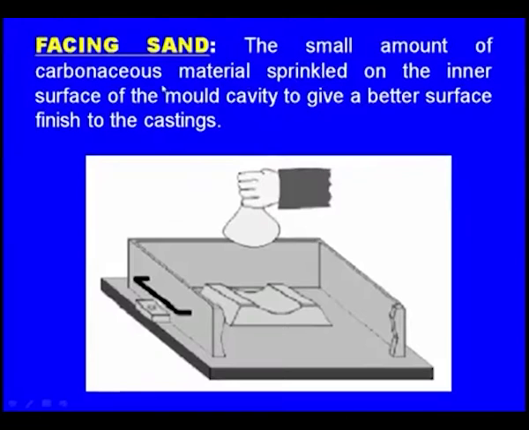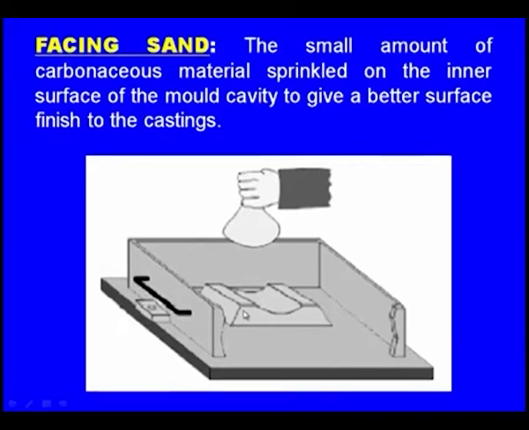Next, let us see the facing sand. It is the small amount of carbonaceous material sprinkled on the inner surface of the mould cavity to give a better surface to the castings. Suppose this is the moulding box and this is the pattern, and over this pattern and around this pattern we put the sand and compact it.